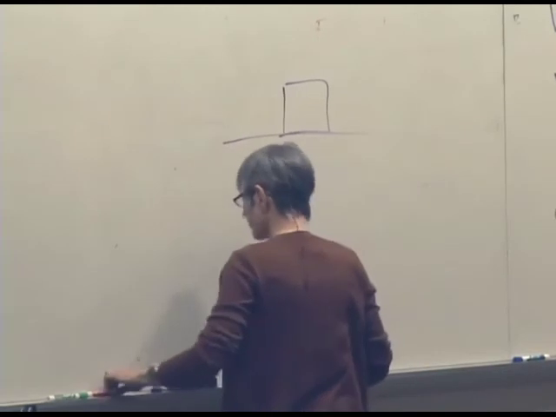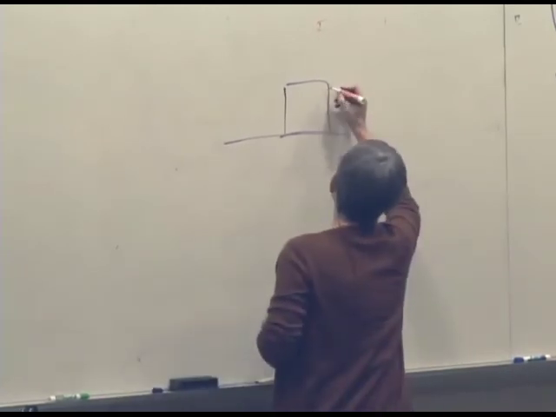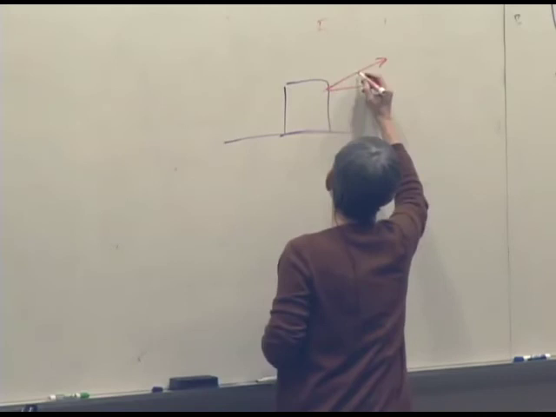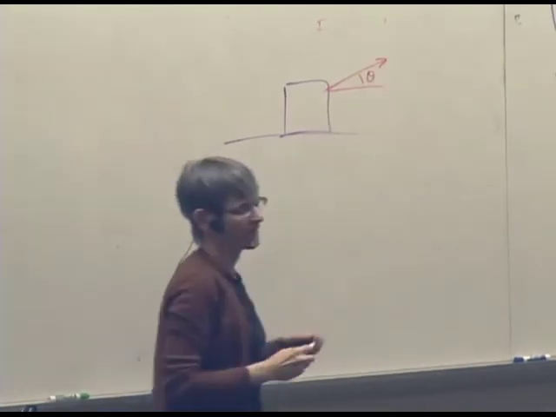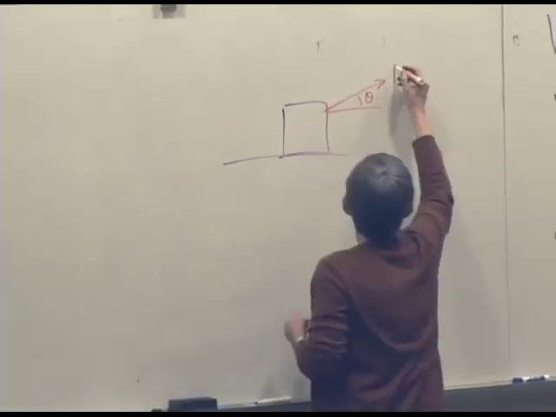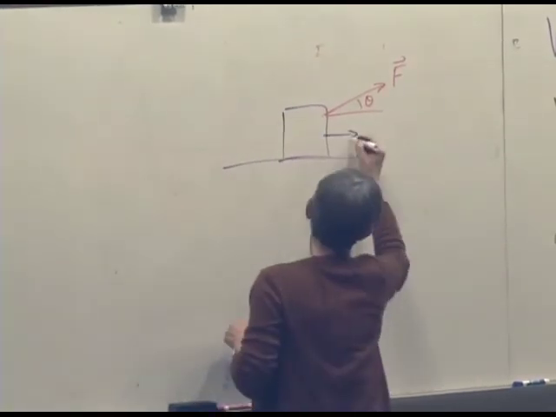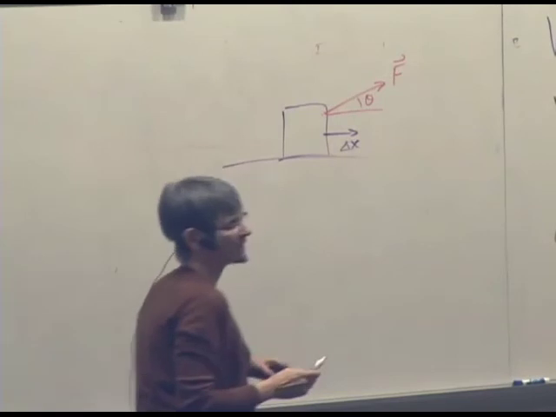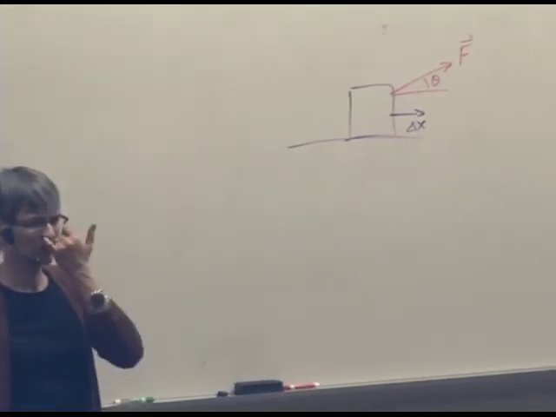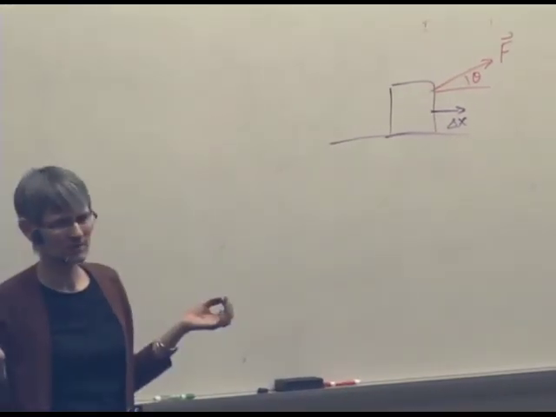Remember the problem where you're pulling a sled across the snow and there's some angle here. So you pull up at an angle, the sled moves that way. How much work did you do?